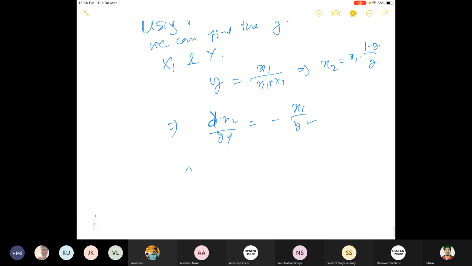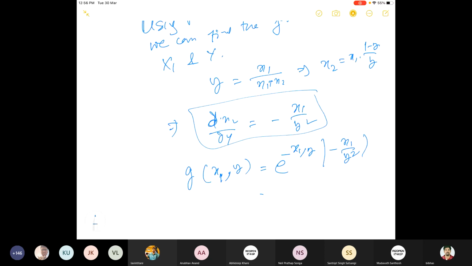So we already got the derivative. And then the PDF, because x1 was held constant, will be f of this times mod of minus x1 by y square, using the previous theorem.